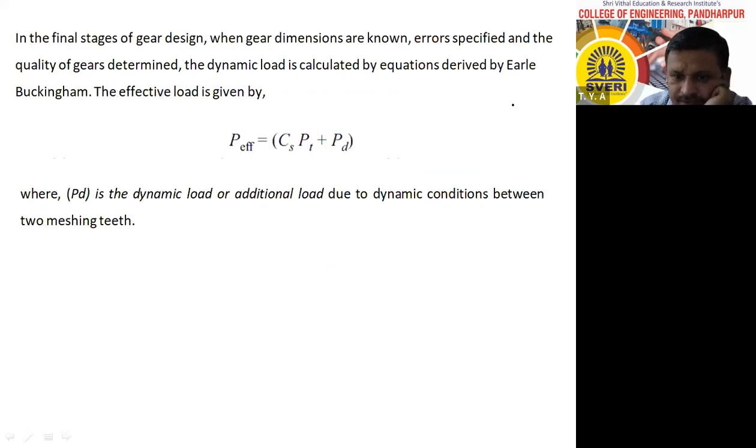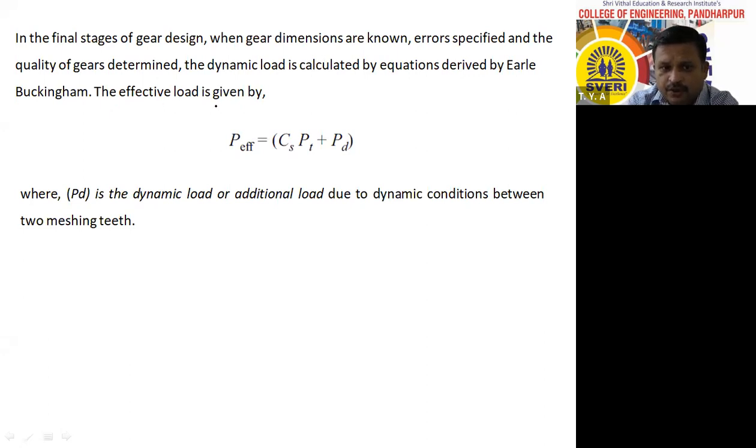Therefore, in the final stages of gear design, you write down this statement and this formula also. In the final stages of gear design, when gear dimensions are known, errors specified, errors on pinion, errors on gear, and the quality of gears determined, the dynamic load is calculated by equations derived by Earl Buckingham.